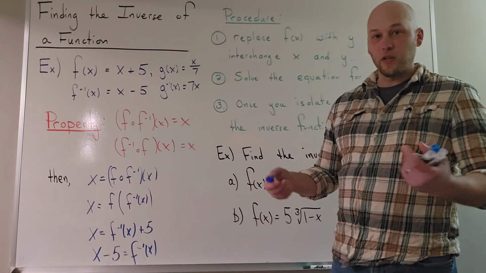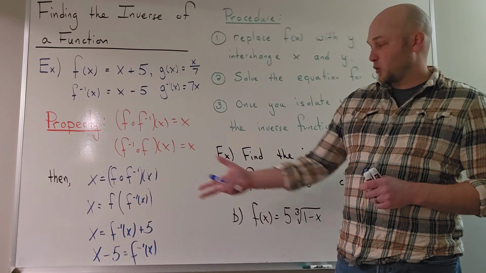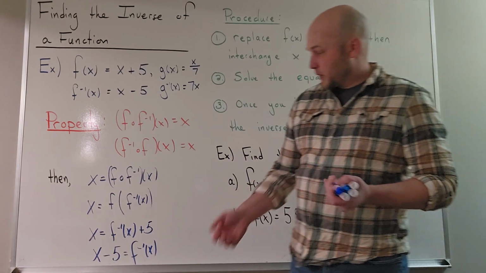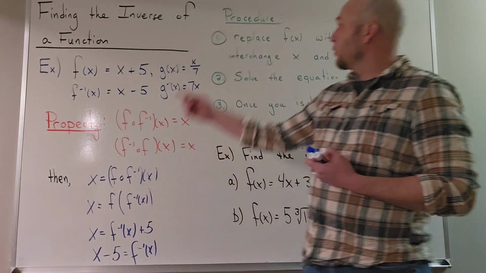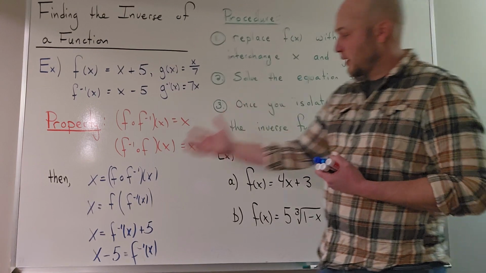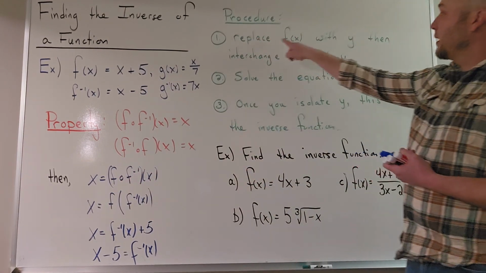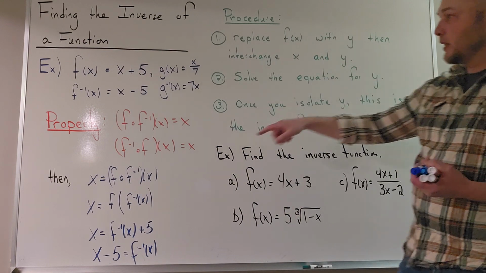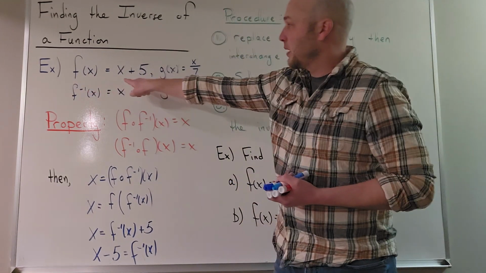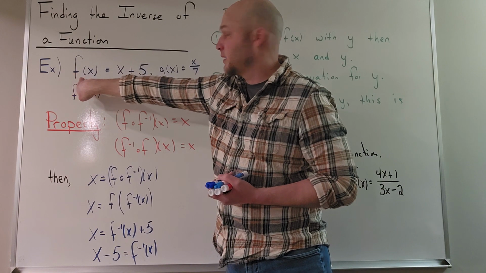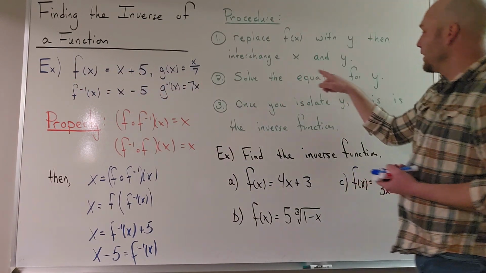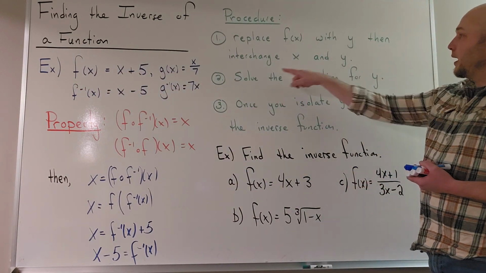For functions that are significantly messier, this would be very helpful. Let's go through the procedure listed up here, and compare it with the work we did down there. The first step is to replace f of x with y. Then I'm going to interchange x's and y's.